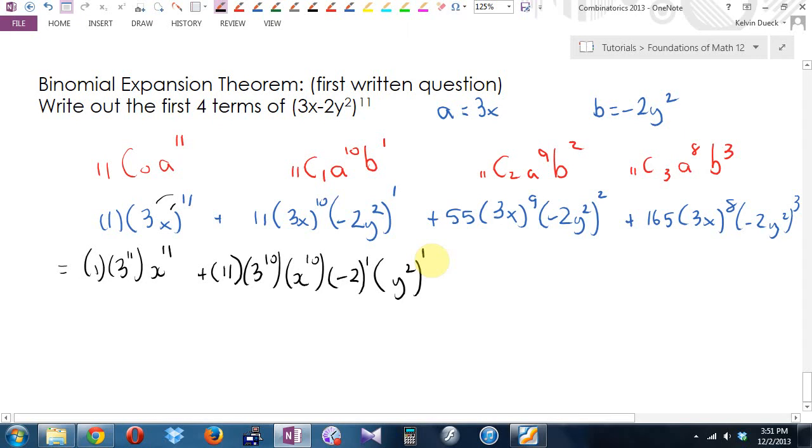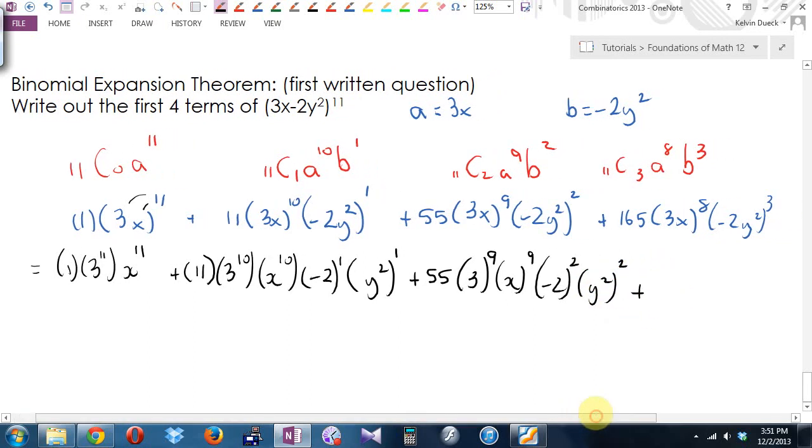Follow it? Plus a 55, 3 to the what? 9th. X to the what? Negative 2 to the what? Squared. Y squared to the what? Squared. Plus 165. 3 to the what?